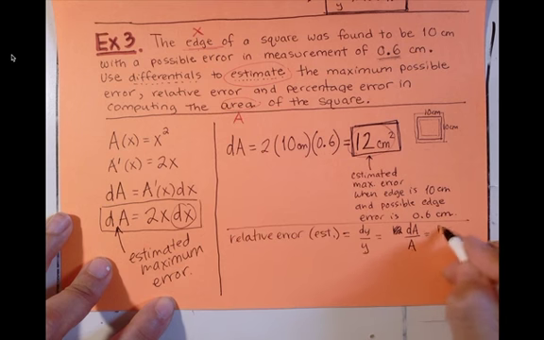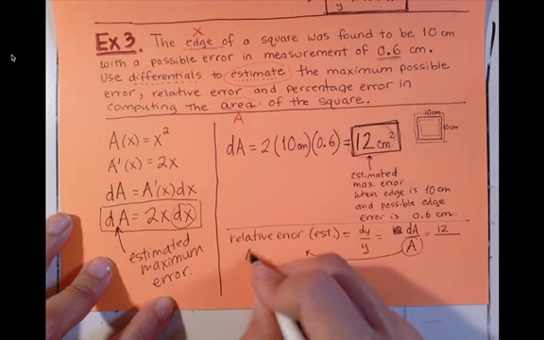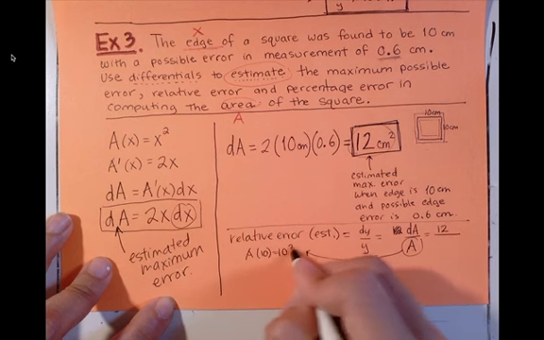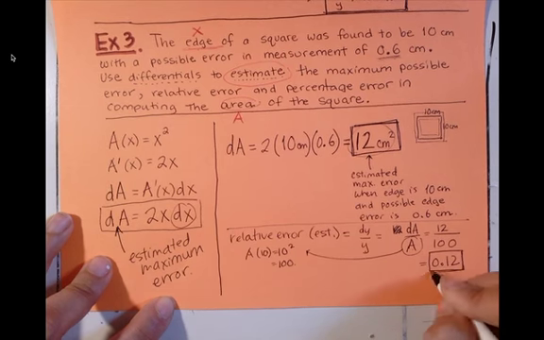So this is going to be 12 over A, where A is equal to A of 10, which is 10 squared or 100. It's just the area if there was no error. So this is 12 over 100, which gives us 0.12. So that's our relative error estimate.